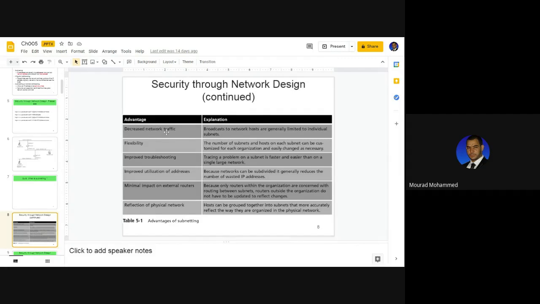Once the computers within, for example, room 8.1 are communicating among themselves, they will not interfere with the communications in the other parts of the University of Nizwa main network, because they are communicating locally. So we are decreasing the network traffic of the University of Nizwa network by giving them the chance to communicate locally.